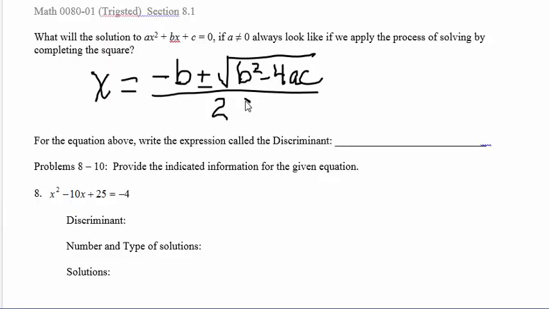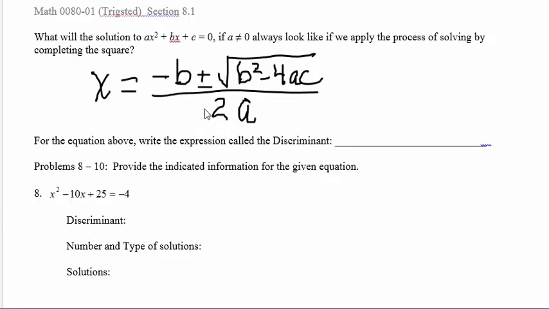So whenever you apply the square root property by way of completing the square to ax squared plus bx plus c equals 0, and your a is not 0, your solution or solutions are going to take on this form.